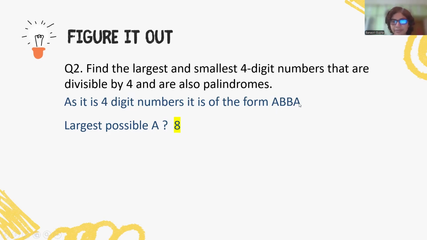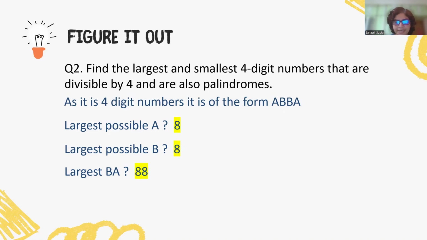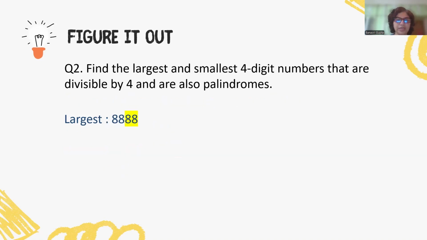So the largest possible A is 8. So what B can we have so that it will also be largest? B cannot be 9, because 98 is not divisible by 4. So B also has to be 8. So the largest BA is 88. Then what is AB? AB is also 88. So the largest possible palindrome divisible by 4 is 8888.